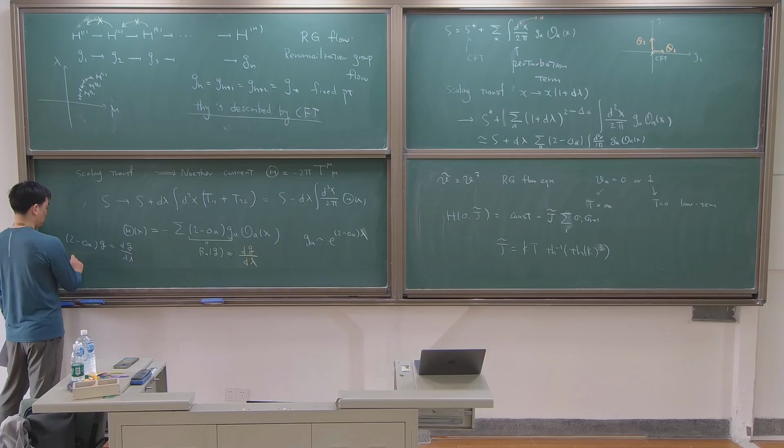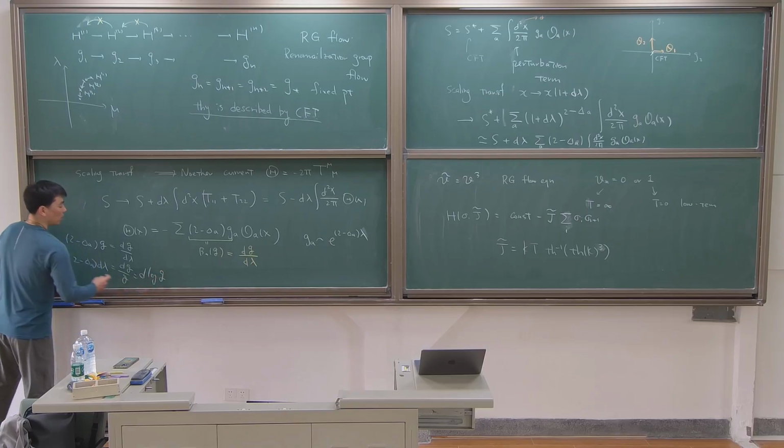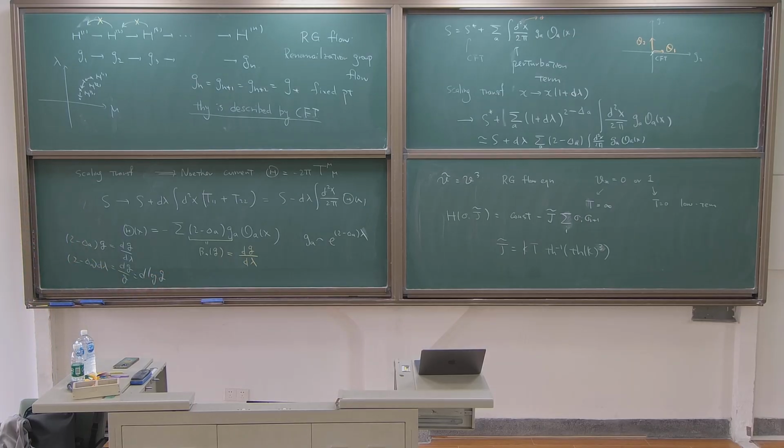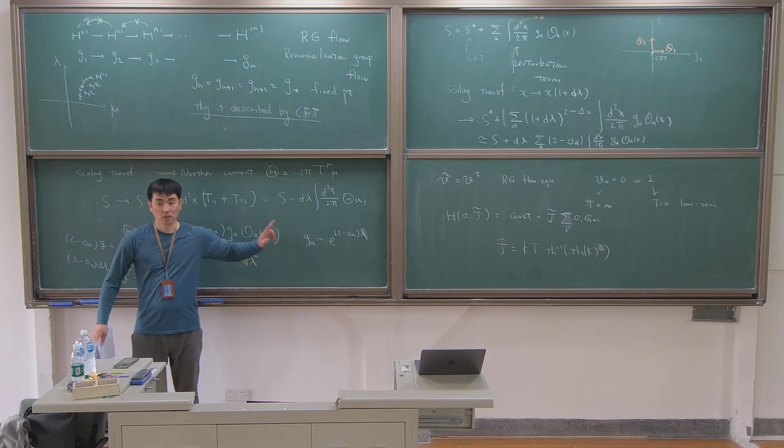Therefore, this is (2 minus Delta_A) d lambda and dg over g, which is d log g. So you can just integrate over this equation to get this one. Okay, is it okay?